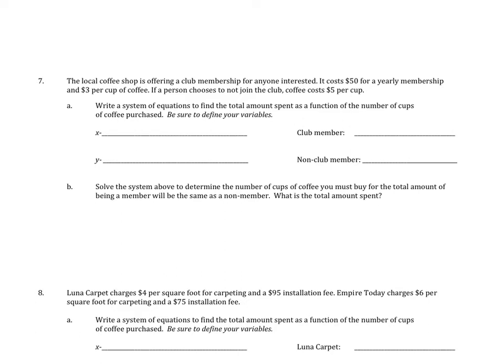What we're going to do is define our variables, and the way we do that is to figure out what are the two things we're measuring, and usually somewhere in the problem it gives you a hint. And I see this hint here in "write a system of equations to find the total amount spent as a function of the number of cups of coffee purchased."